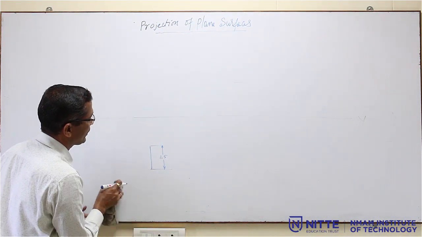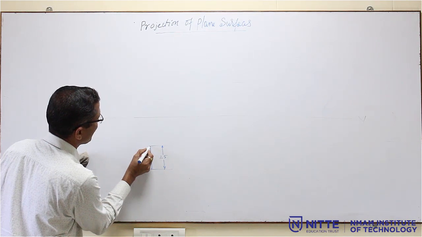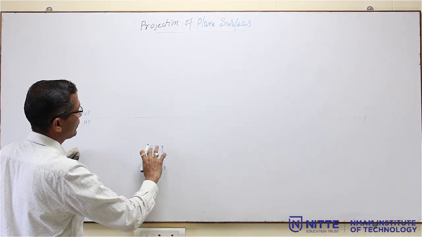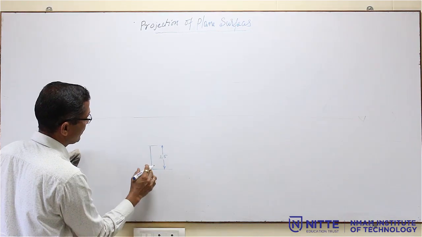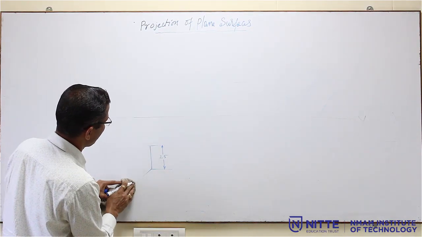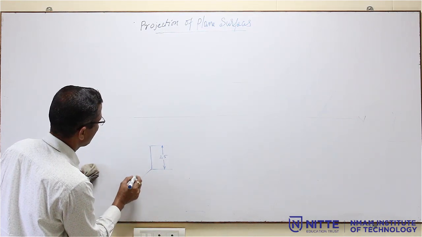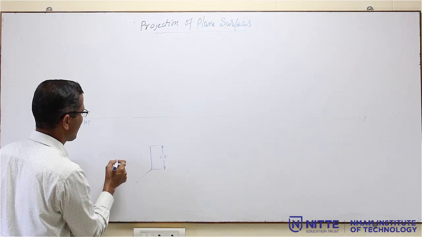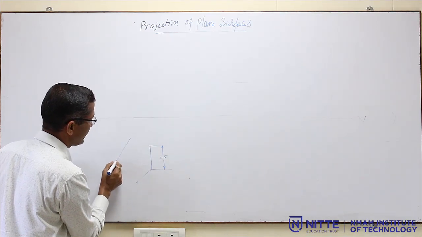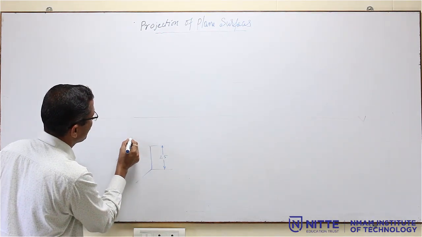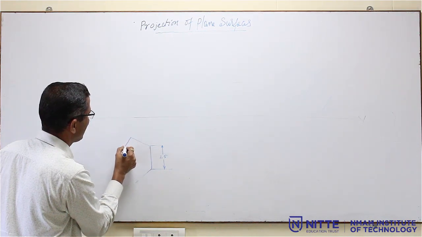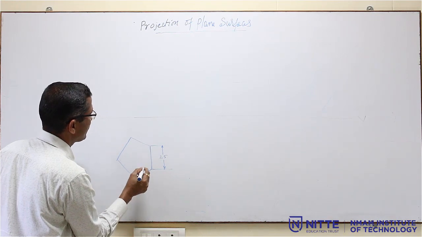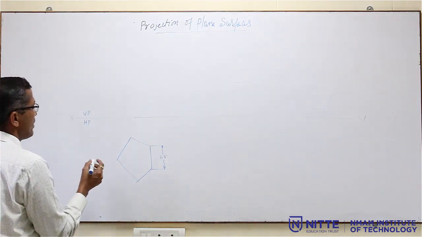This procedure you already know, no need of explaining once again, the construction of the pentagon. Take the same length on both sides, then take the compass and with this as the center one arc, this as the center one more, and join like this. So, you are going to get the pentagon. This is the regular pentagon. So, name all the corners.